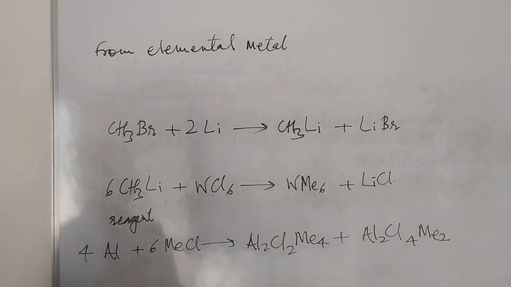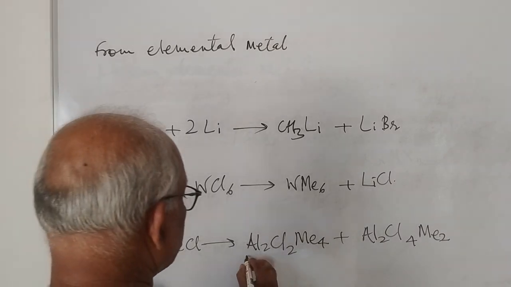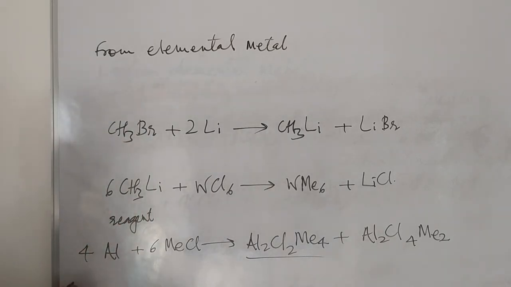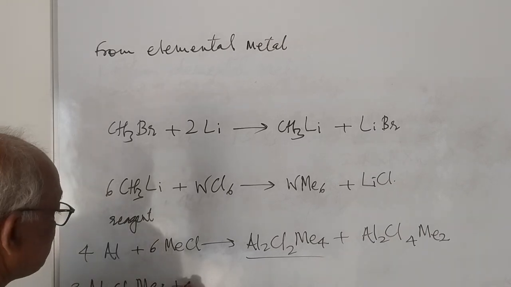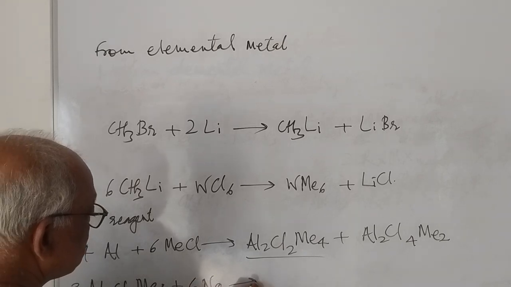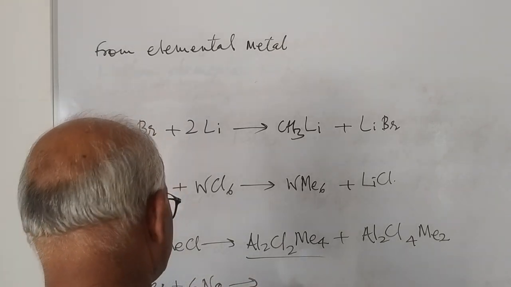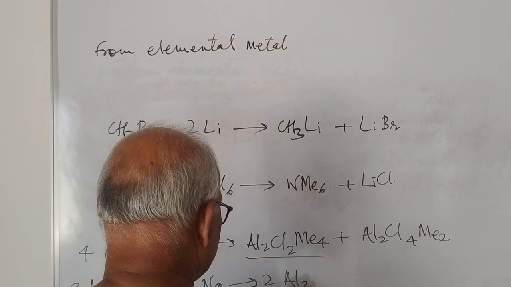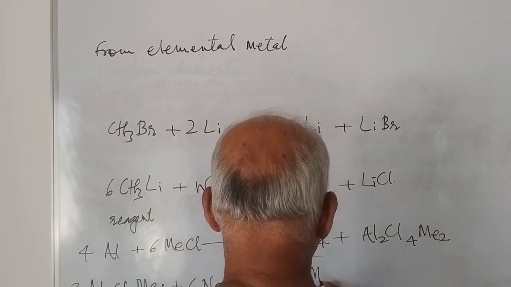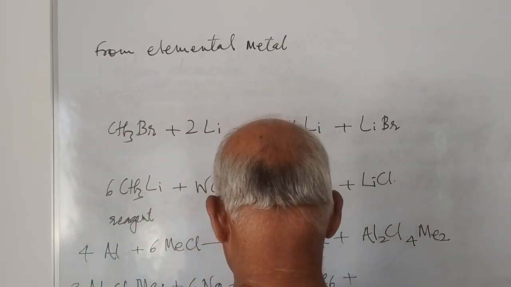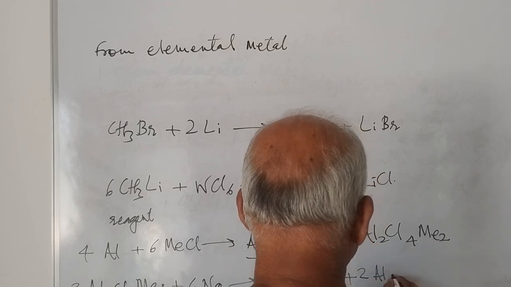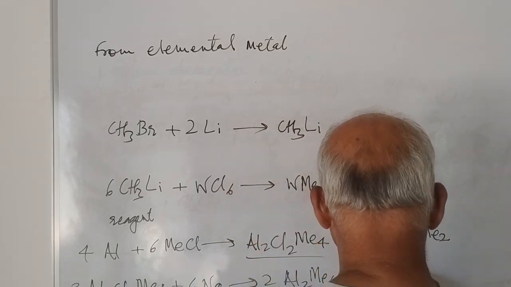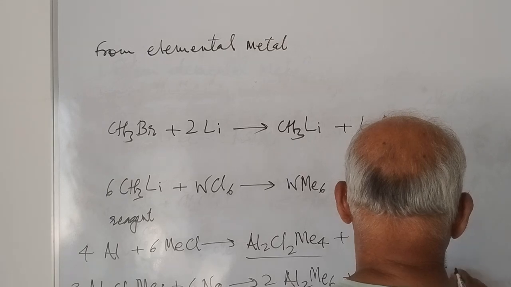Now out of this, if we take this, we get thrice Al2Cl2Me4. So when it is reacted with sodium metal, it gives twice Al2Me6 plus twice Al plus 6 NaCl.